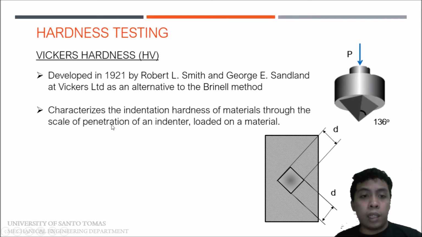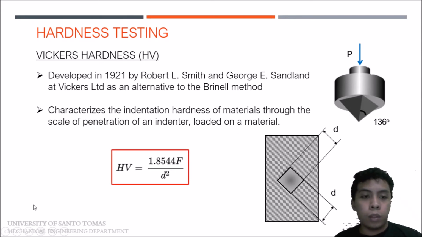It characterizes the indentation hardness of a material through the scale of penetration of an indenter loaded on a material. So, ang formula natin in solving for the HV or the Vickers hardness number is equivalent to 1.8544 F all over D squared.